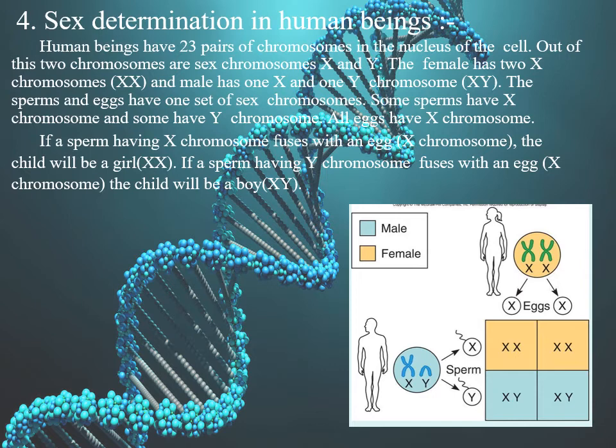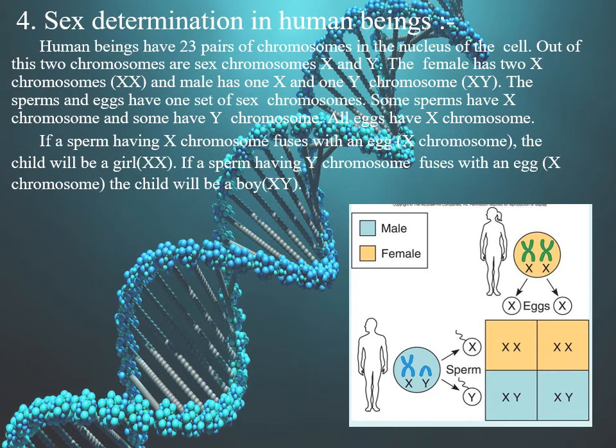So here the picture depicts the blue color as male and yellow color as female. The females have only X chromosomes, and the males can produce 2 different gametes, carrying an X chromosome or a Y chromosome.